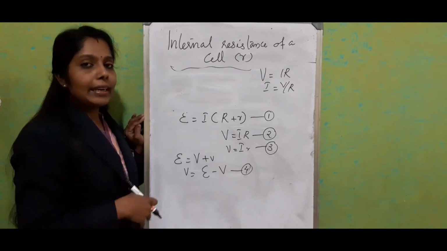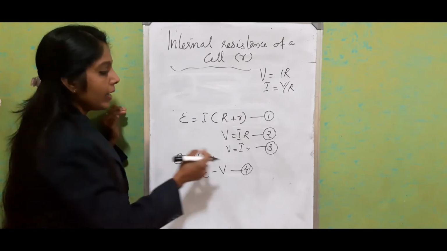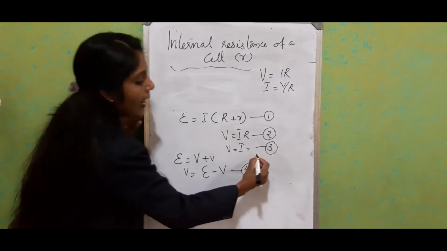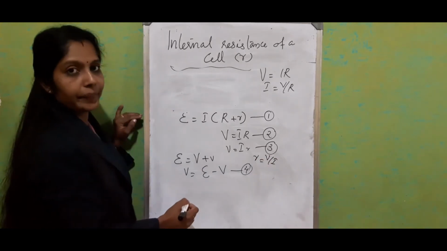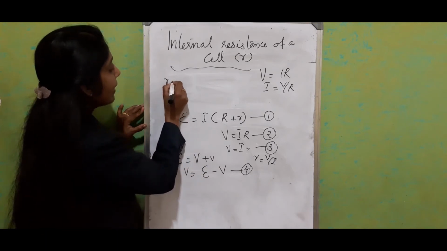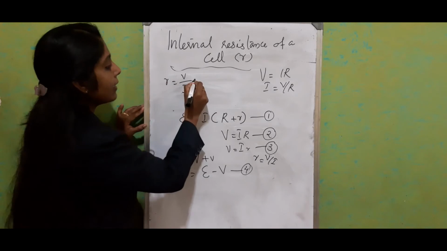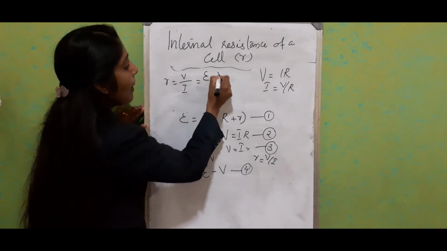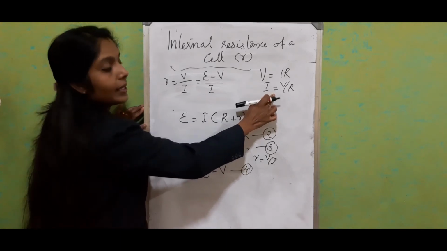Now we'll connect internal resistance with this EMF. From this equation, what is r? r is equal to v by I. What is v? v is equal to epsilon minus capital V, divided by I. From the second equation, what is I?